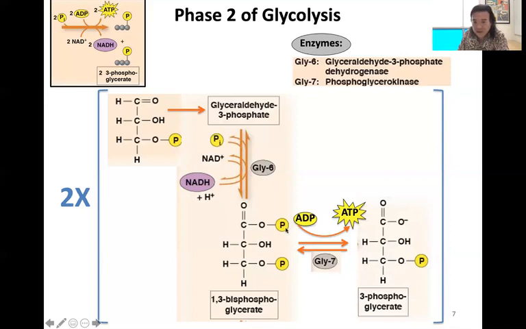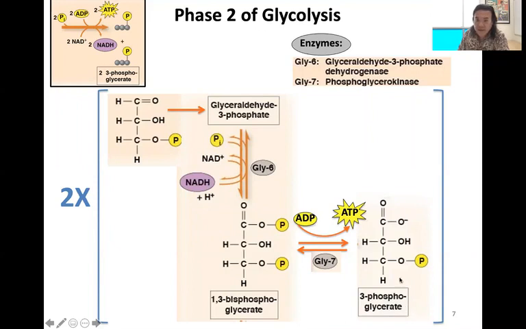And then one of these phosphate groups can be handled by this enzyme here, which is another kinase that transfers that phosphate group onto an ADP, making an ATP molecule, right, leaving a 3-phosphoglycerate at the end.